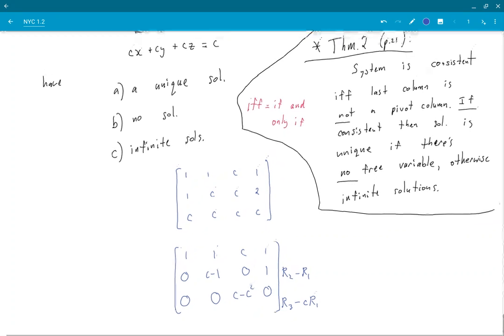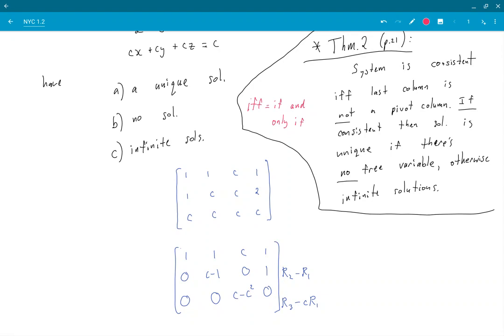So I'll try to use theorem 2. Okay. System is consistent if and only if last column is not a pivot column. So I'll look at my matrix and I'll say, well, how can this last column be a pivot column?